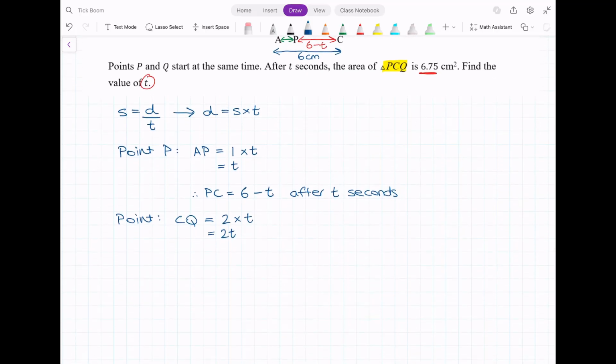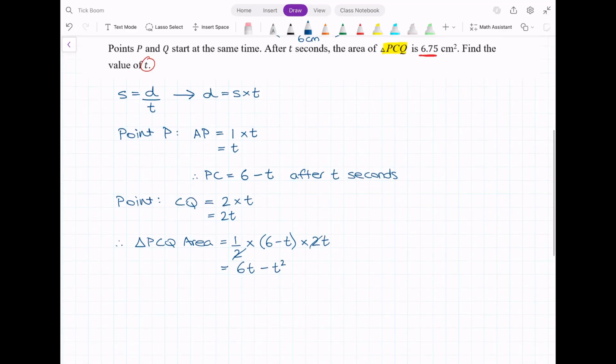So what we can do is say, therefore, the area of the triangle PCQ is equal to 1/2 times the base, 6 minus t, times the height, 2t. And these 2's will cancel, and so we have 6 minus t times t, or in other words, 6t minus t squared.